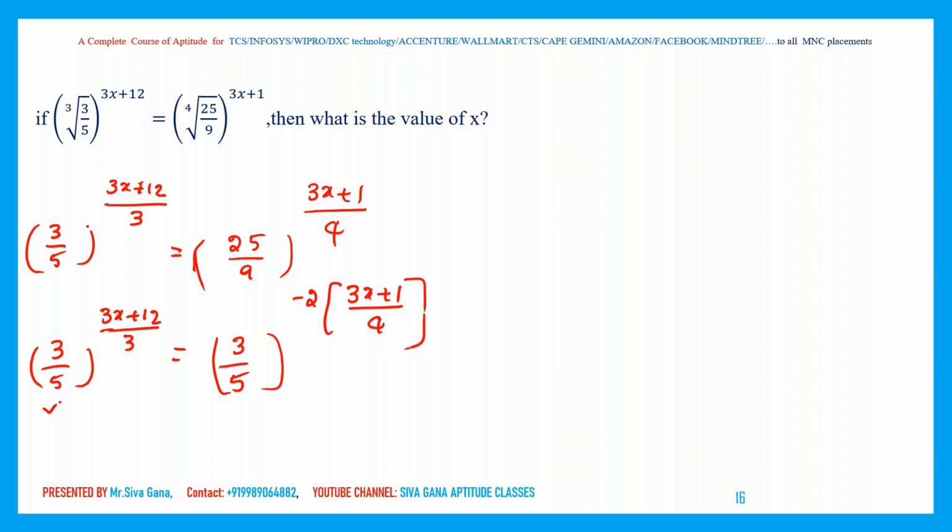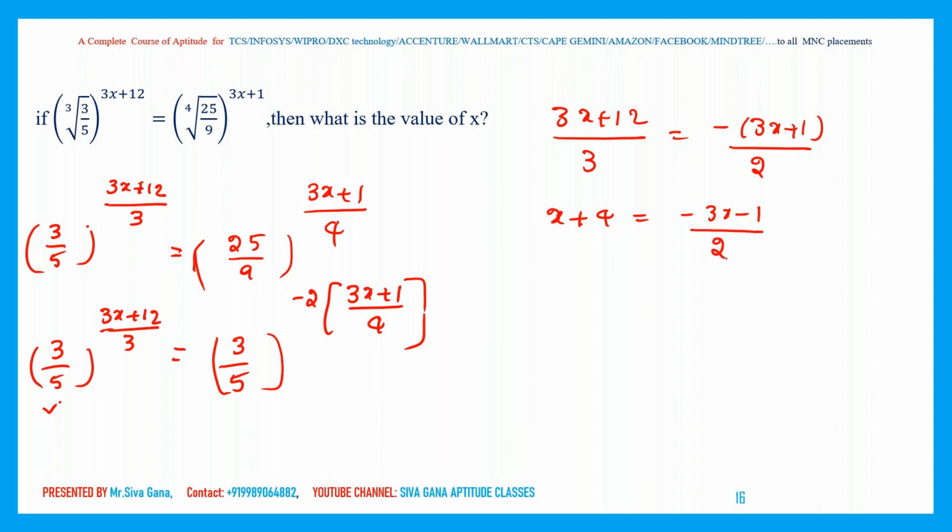Now equating the powers, 3x plus 12 by 3 is equal to minus of 3x plus 1 divided by 2.